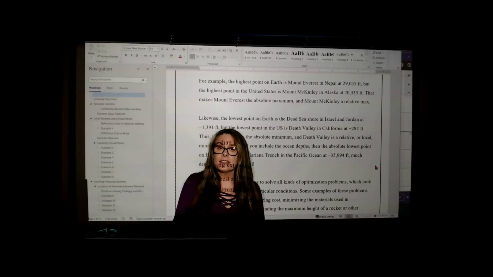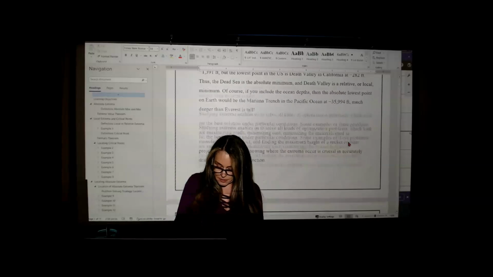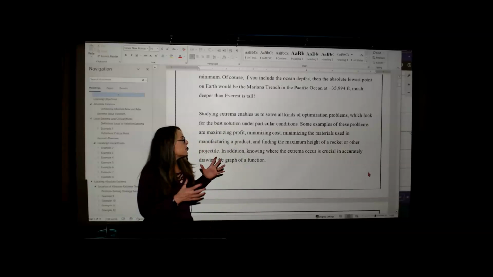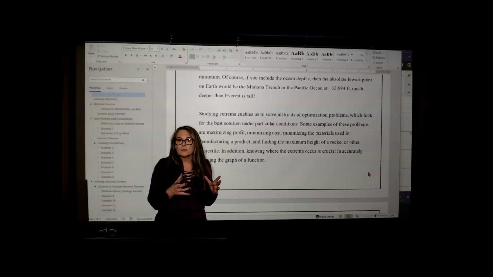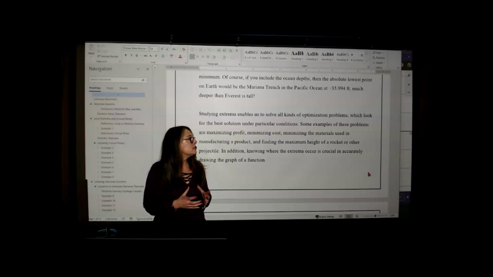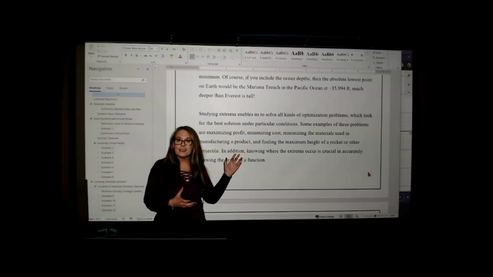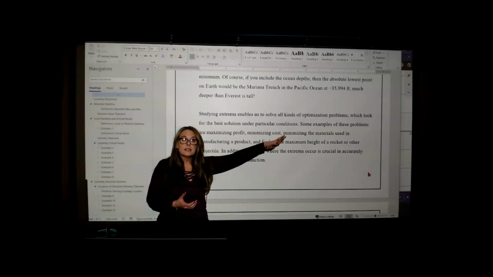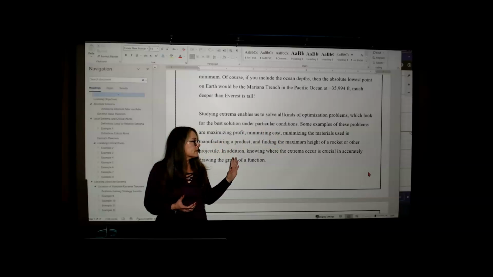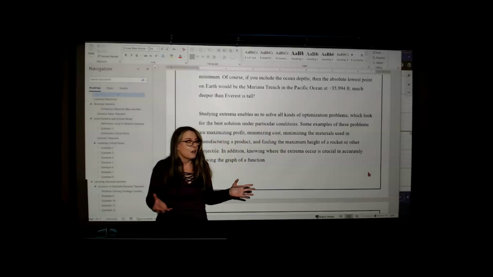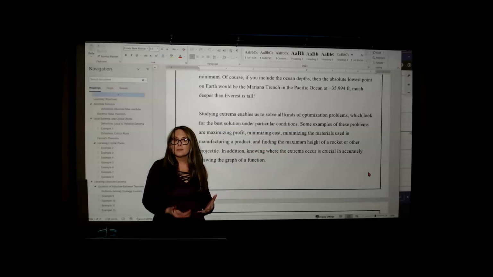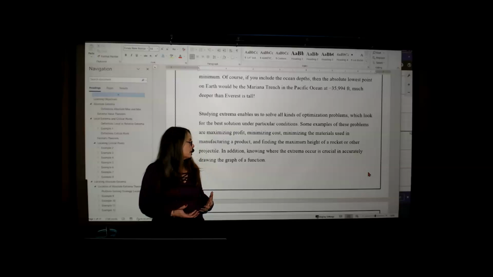Studying extrema lets us solve all kinds of problems, in particular optimization problems. These typically are looking for the best possible solution under a set number of conditions. For example, we might be looking to maximize profit if we're running a business, minimize the cost, minimize the materials used in producing some item, or find the maximum height of a rocket or the maximum velocity of a moving particle.